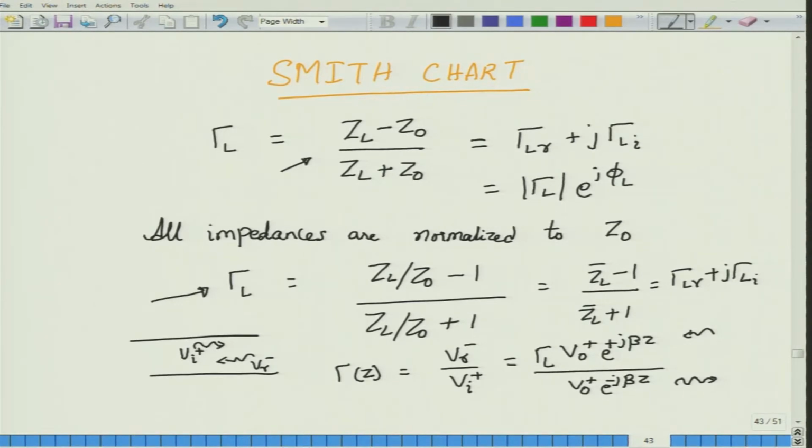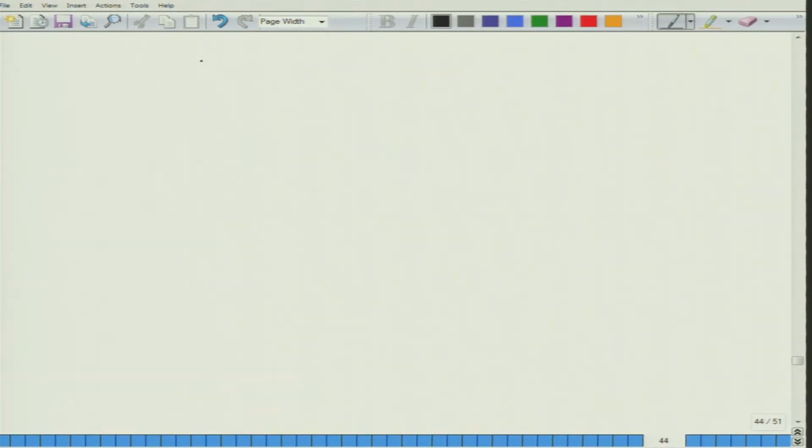Please note that we have considered lossless transmission lines. Clearly we can cancel V0 plus, and what you get is the load reflection coefficient gamma L multiplied by e to the power j 2 beta z. Okay, let's rewrite this one.